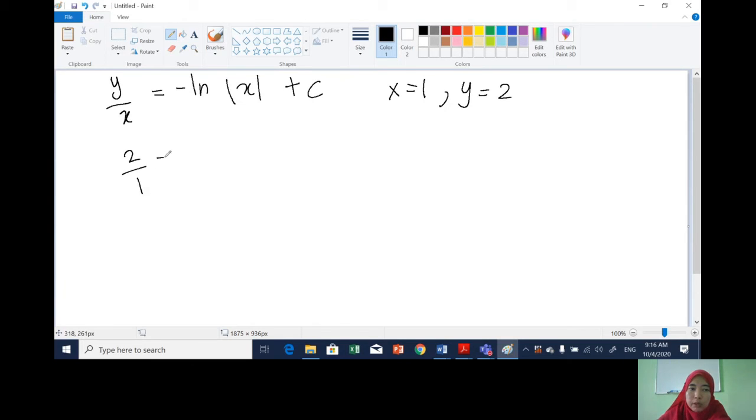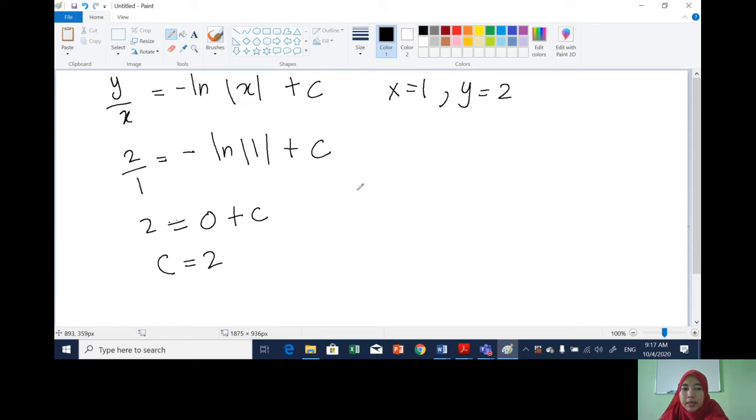So we have 2 over 1 is equal to negative ln 1 plus c. ln 1 is 0, so 2 equals 0 plus c, which means c is 2. We have found that the value of c is 2.